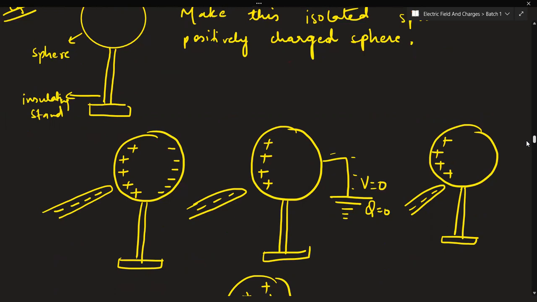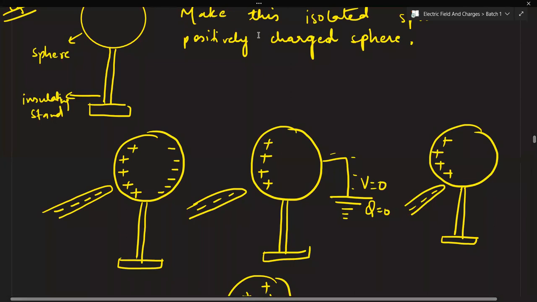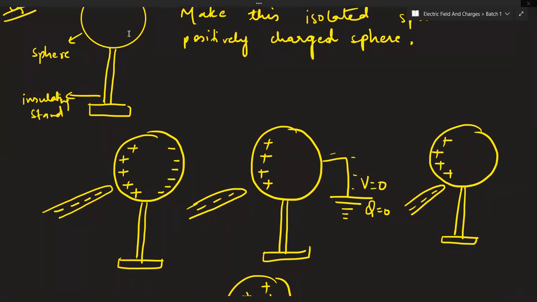As soon as you perform earthing, the potential becomes 0. All the negative charge gets neutralized. It moves into the earth.